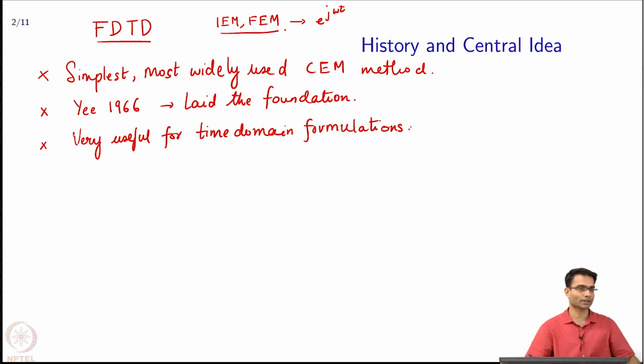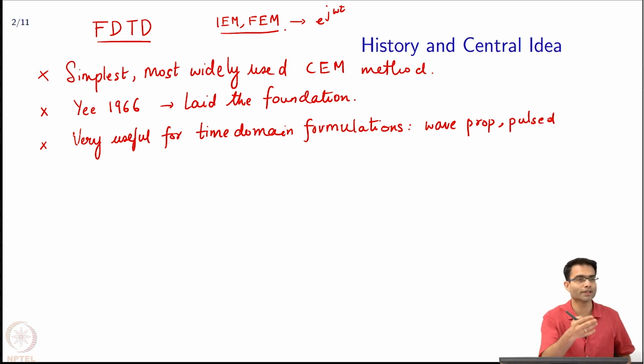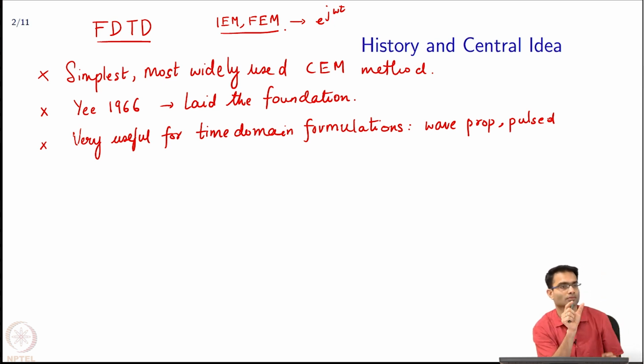So, that can be one thing: wave propagation, but we want pulsed form, because continuous wave form is already e to the j omega t. So, pulse form. Like a radar pulse has a finite time duration, so it cannot actually be approximated as e to the j omega t. So, that is one case. You want to see in real time how the wave is propagating.